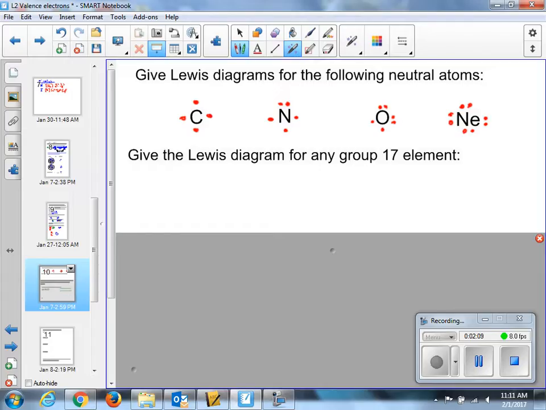So the Lewis diagram for any, if I just use a letter that's not used for anything, X, is not, so Xe is xenon, but just X here, I'm just using a generic element for group 17. I don't mean anything in particular. Any group 17 element will have 7. 1, 2, 3, 4, 5, 6, 7.